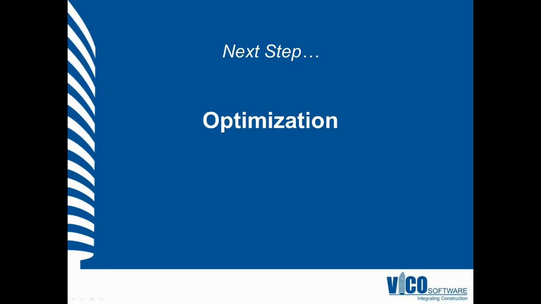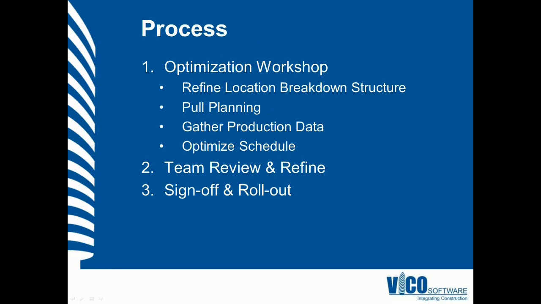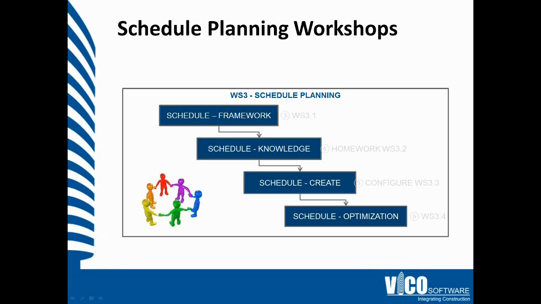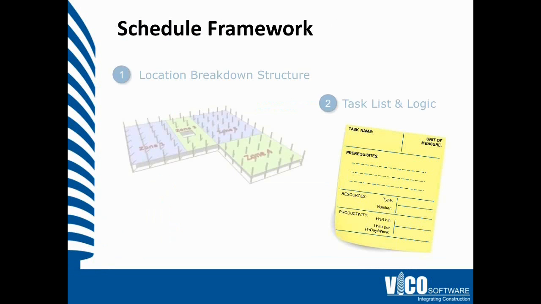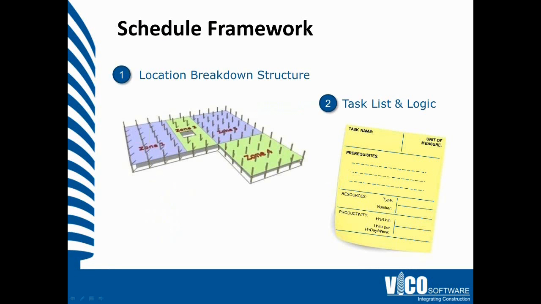As part of the review and analysis, just to run you quickly through some of the process that we would go through as part of the optimization phase after delivering the CPM match, we would want to validate the framework, which would be the location breakdown structure, your task level of detail, and logic.